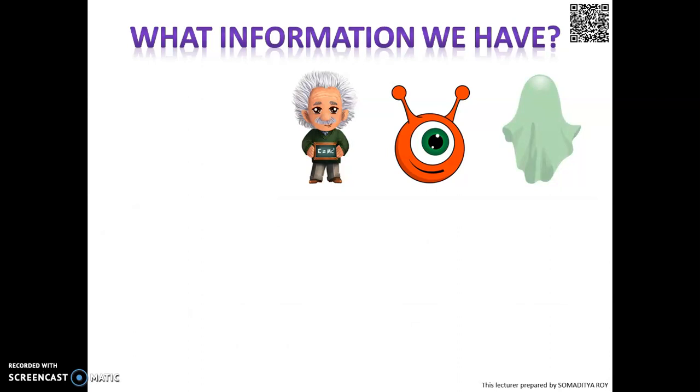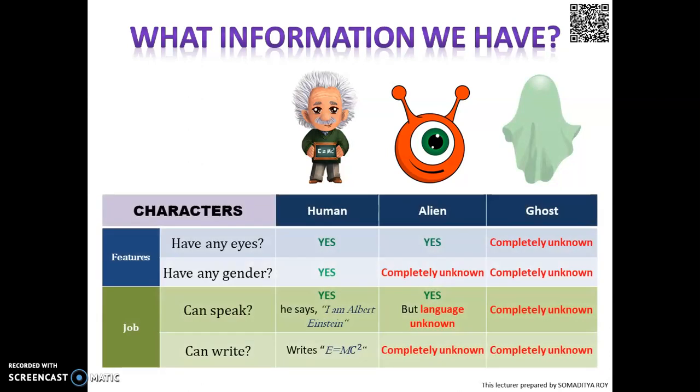Now here in our example, we have three different characters or three different concepts. These are human, alien and ghost. Now for simplicity, we talk about two features and two jobs. Let us first see the first feature, which is eyes.